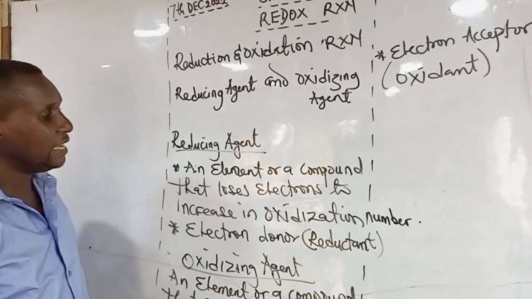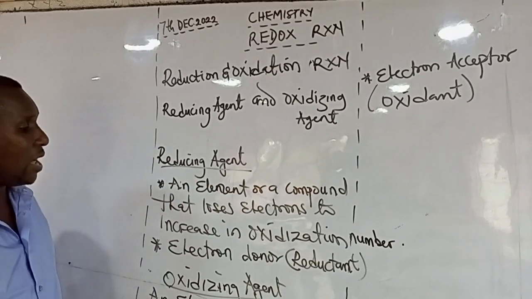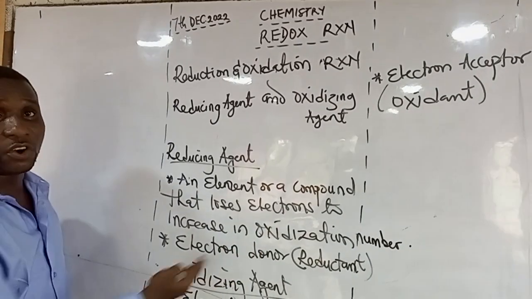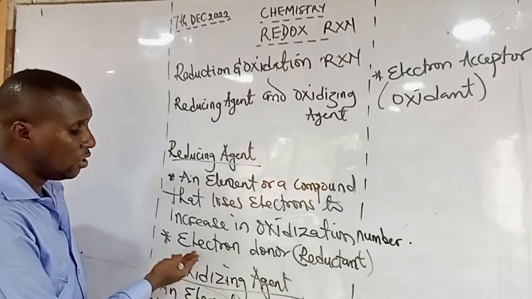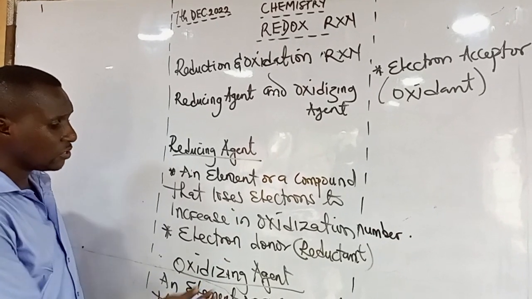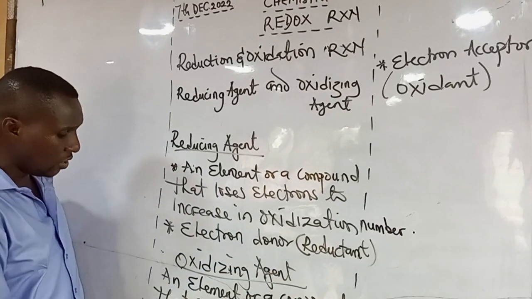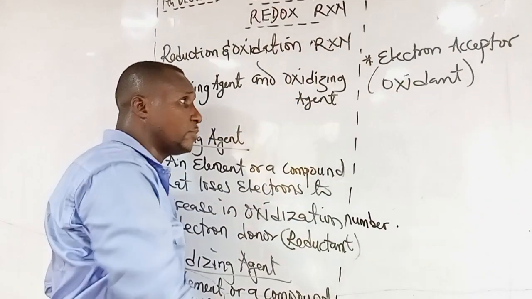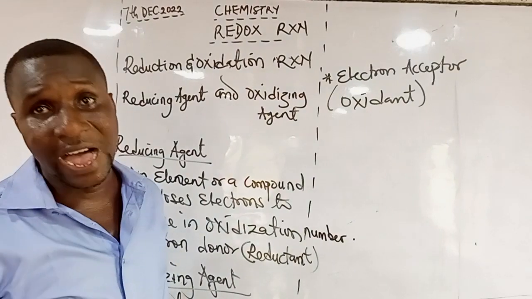A reducing agent could be an element or a compound that loses electron to increase the oxidation number, and another name for reducing agent is reductant or an electron donor. While oxidizing agent is an element or a compound that gains electron to decrease in oxidation number, which can also be called electron acceptor or an oxidant.